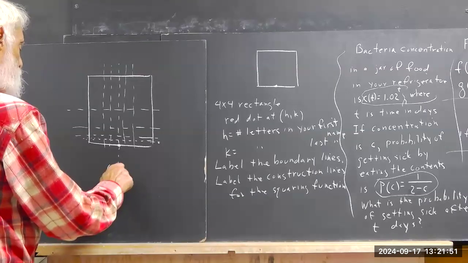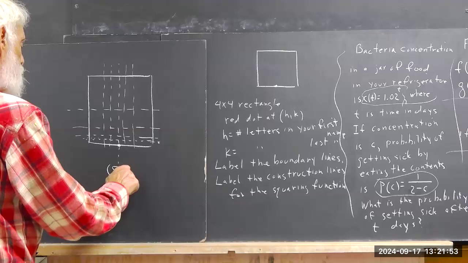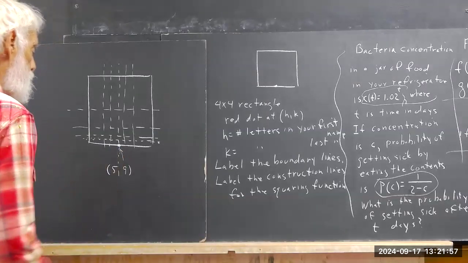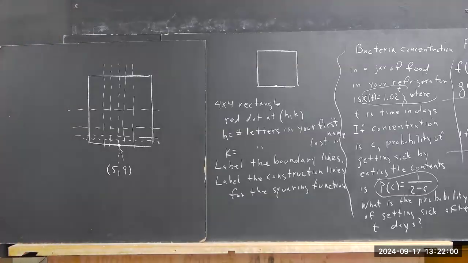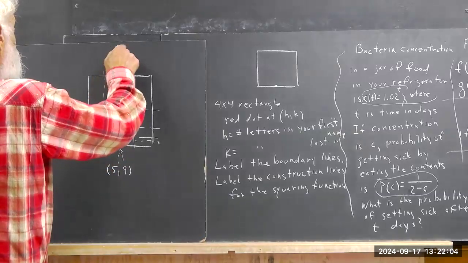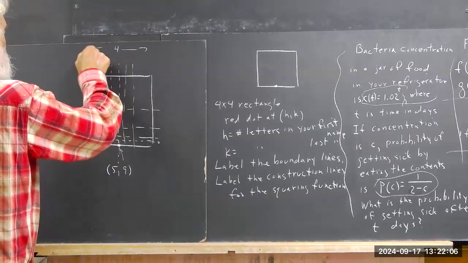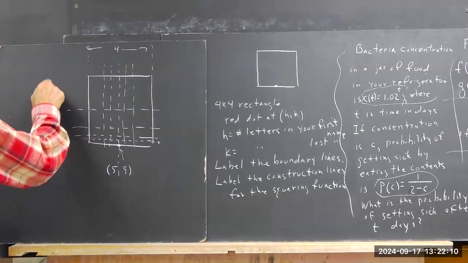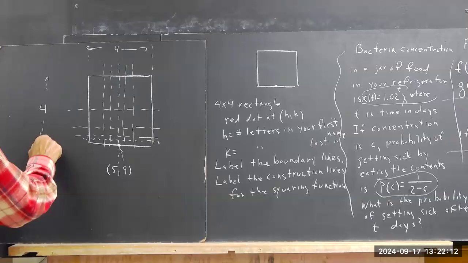But I'm going to make it 5, 9. Okay, so that's a 0.59. This is 4 by 4. So the dimensions here are 4 by 4. It doesn't hurt to write that in.